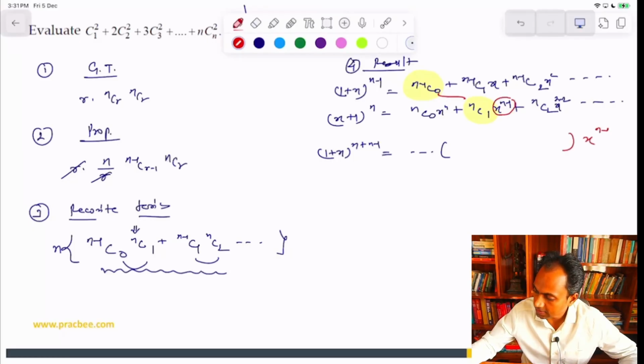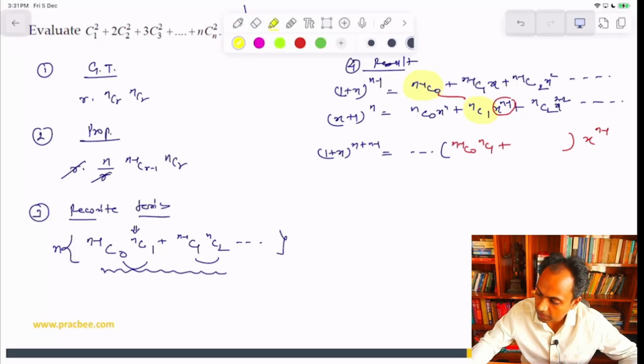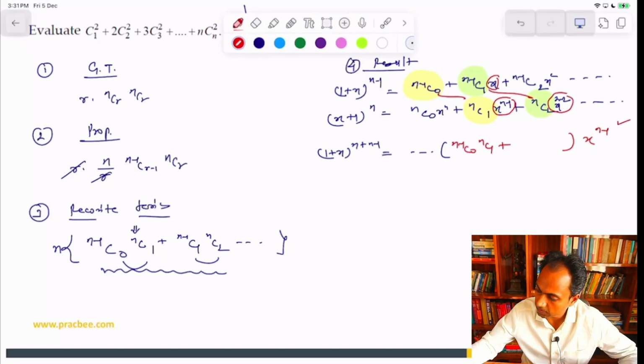It is x^(n-1). So let us write it: n-1 c0 into nc1. Then the next part will happen when I take n-1 c1 and it gets multiplied with nc2. Here also, when you are multiplying, what is the coefficient of x that will get generated? It would be the multiplication of these two. This is the same term. You should at least confirm it once before moving ahead.